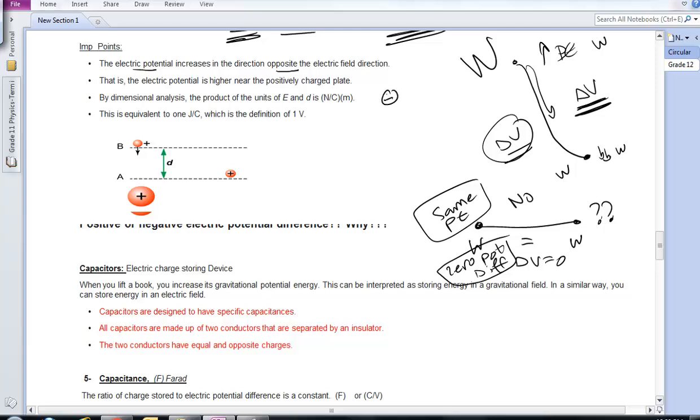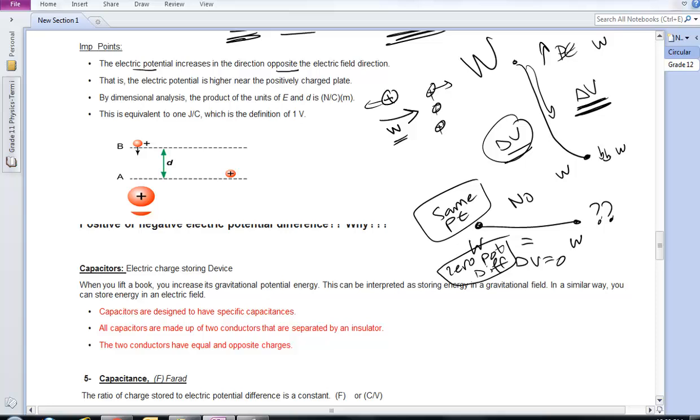If you are moving a positive charge toward a positive charge, this needs work, because there are repulsive forces. So you need to do more work. So the electric potential energy is higher near positively charged plates.